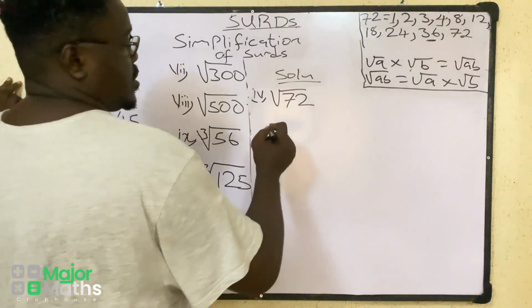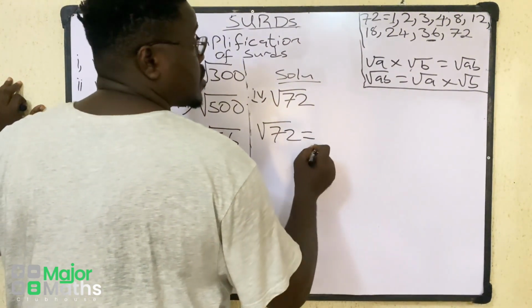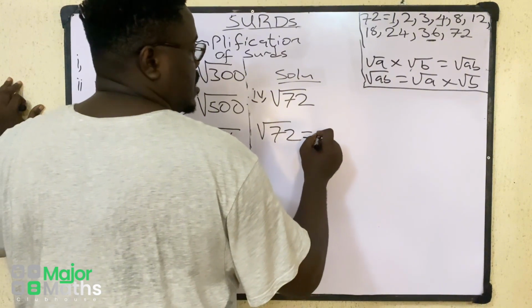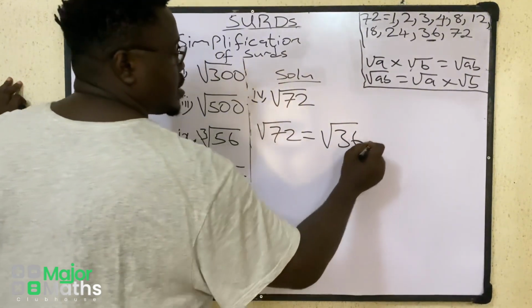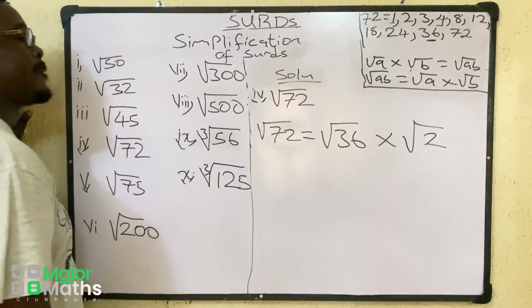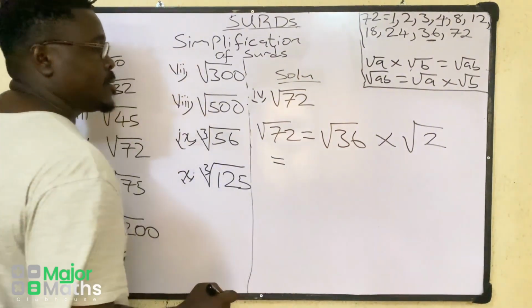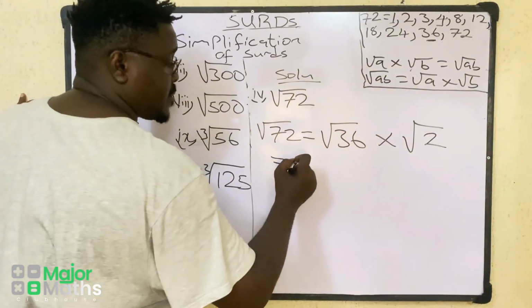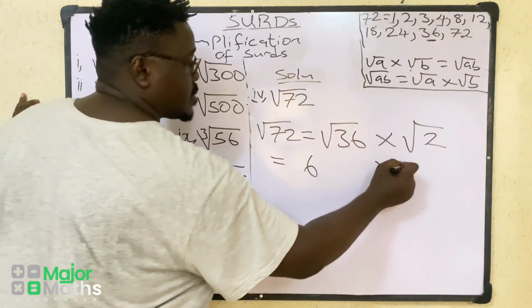Alright, cool. So root 72 is equal to root 36 times root 2. The square root of 36 will give you 6, times root 2.